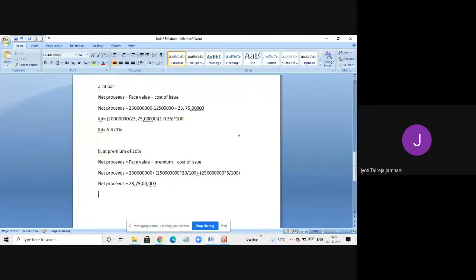Using this, now we'll find out the cost of debt. Cost of debt is equals to interest. Interest is 2 crores, divided by 28 crore 75 lakh net proceeds, into 1 minus tax rate. So 1 minus tax rate is 35%, which is 0.35 into 100.